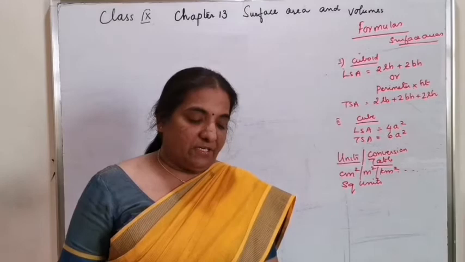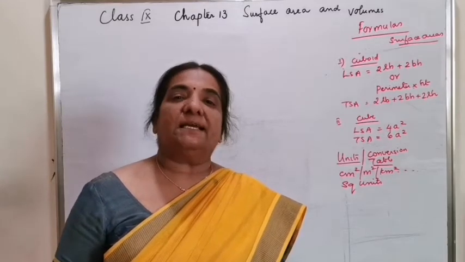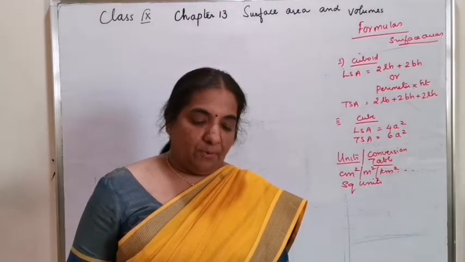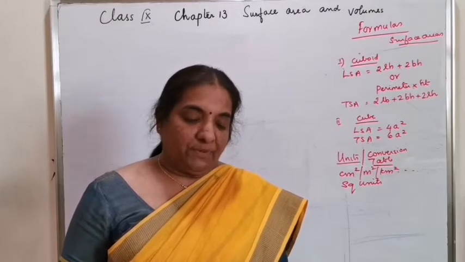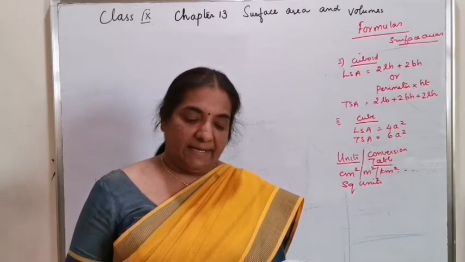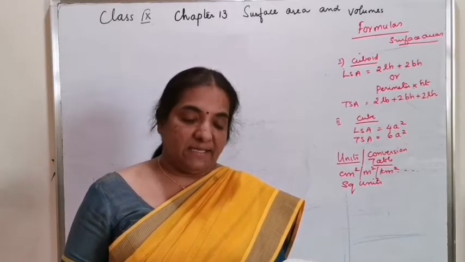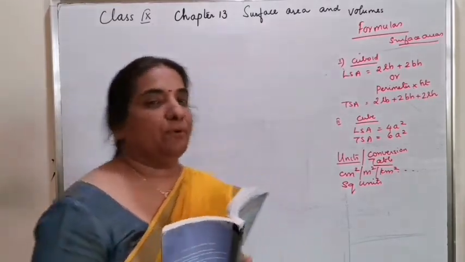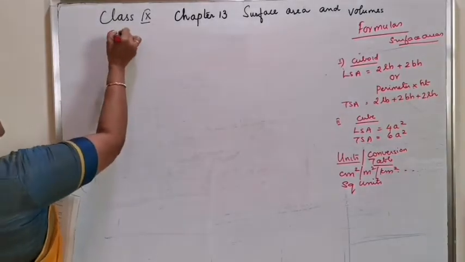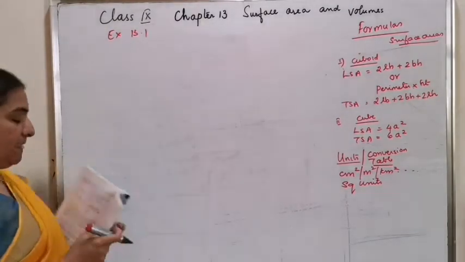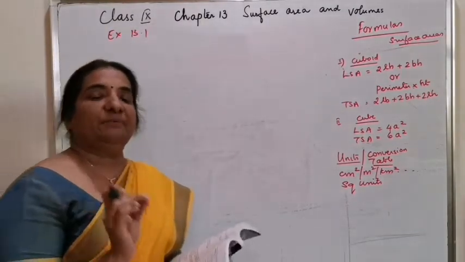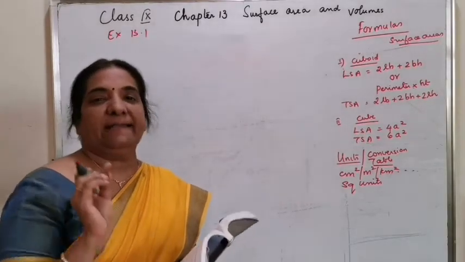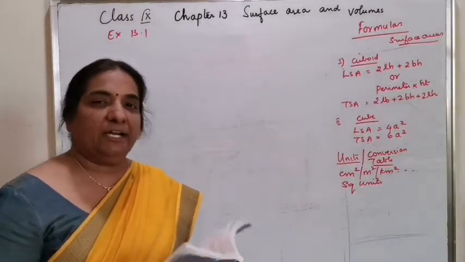Now, the first question. A plastic box, 1.5 meter long, 1.25 meter wide and 65 centimeter deep is to be made. The units are very important. So, exercise 13.1, first question. A box. Since length, breadth and height are mentioned, identify it as a cuboidal box.